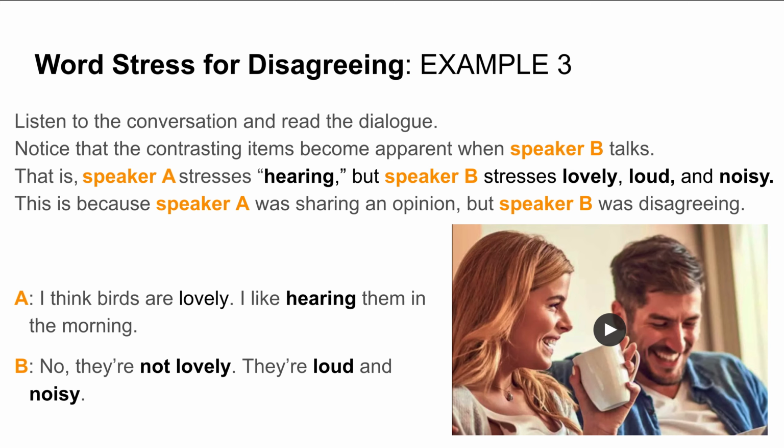So speaker B disagrees with speaker A. So he's going to stress his disagreement, emphasize the words that disagree with speaker A. On the other hand, speaker A is going to stress the word that she wants to emphasize, that is that she likes hearing birds in the morning. Let's give it a listen.